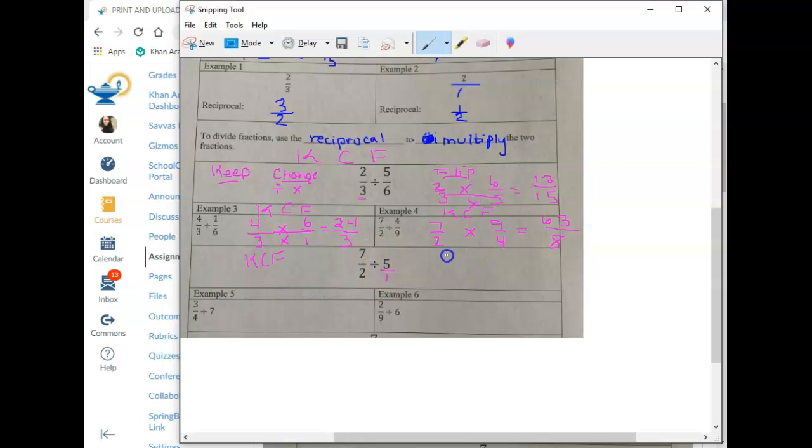We keep 7 over 2. We change to multiplication, and you are absolutely right, Alejandro, we'll flip this, so it'll be a 1 over 5. All right. So if we multiply this, I would end up with 7 divided by 10.